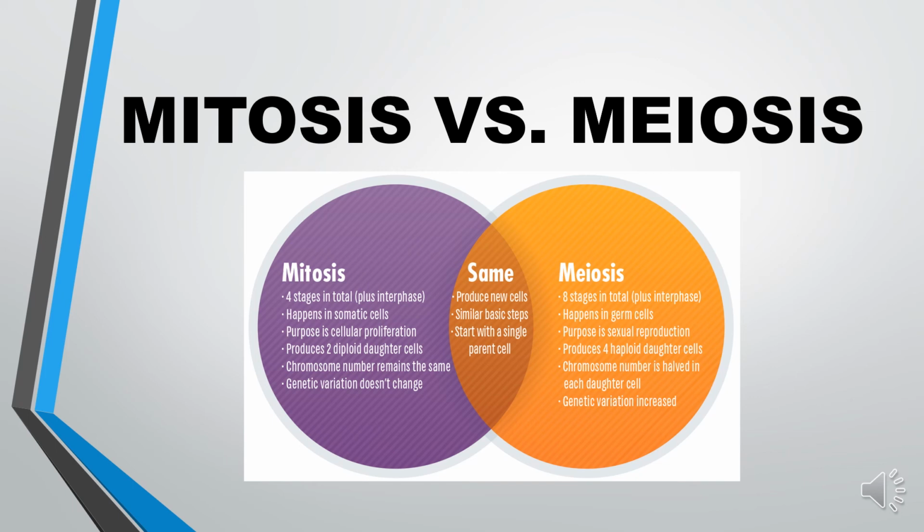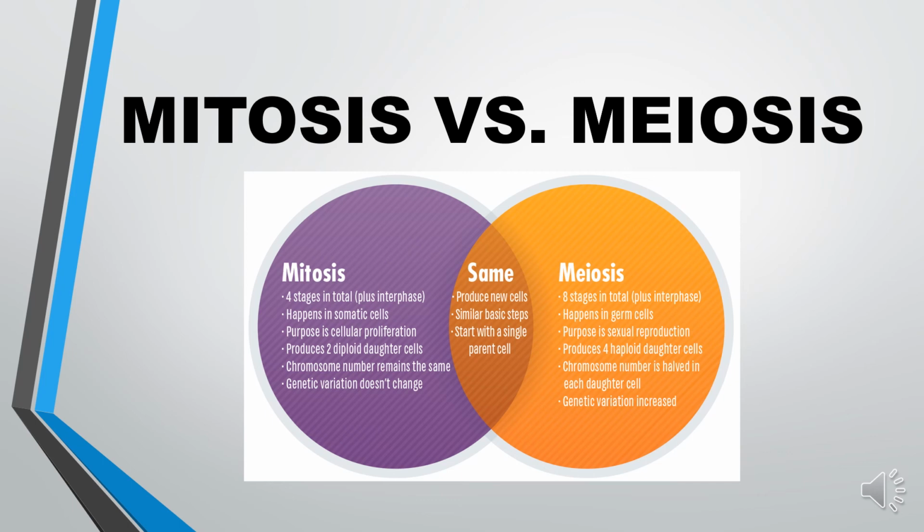So at the end of mitosis, we have 2 diploid daughter cells, and in meiosis we have four haploid, unique daughter cells.